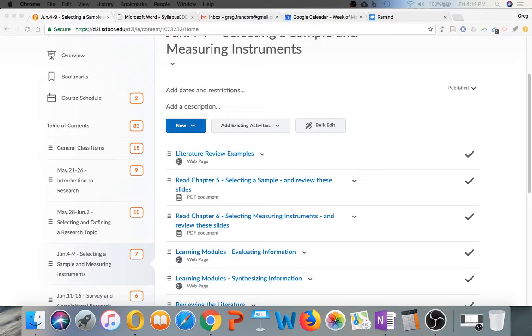Remember, the subject of the study that you propose in this class will be a human subject study, so it can't be a study of, let's say, the elasticity of rubber bands, where the subject is a rubber band, not a person. Or the geology of a certain region, or the archaeological dig in a certain area.